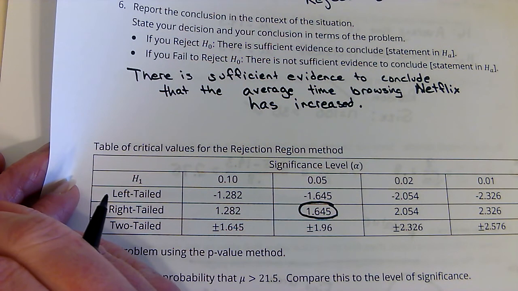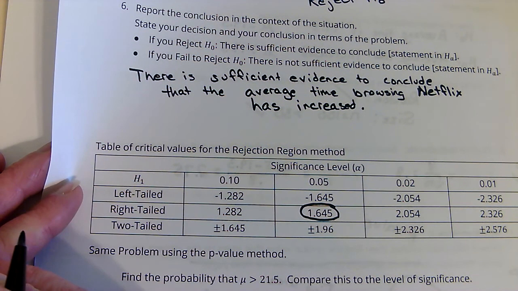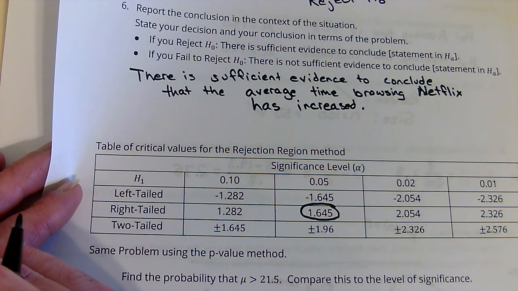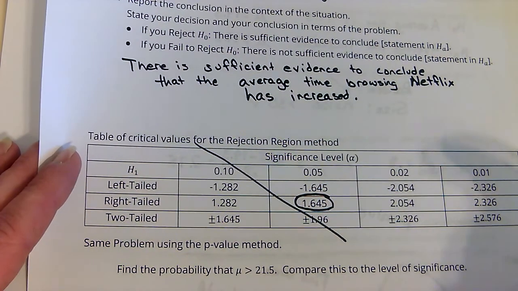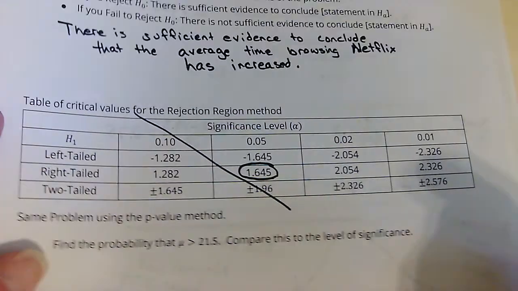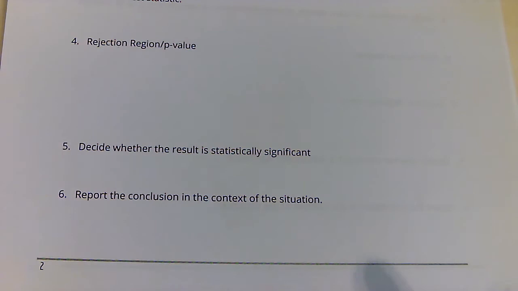This gets confusing. So the p-value method is a lot easier to deal with.